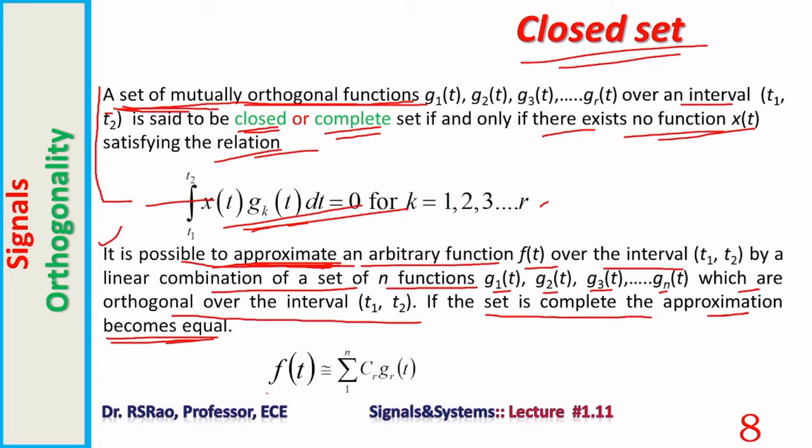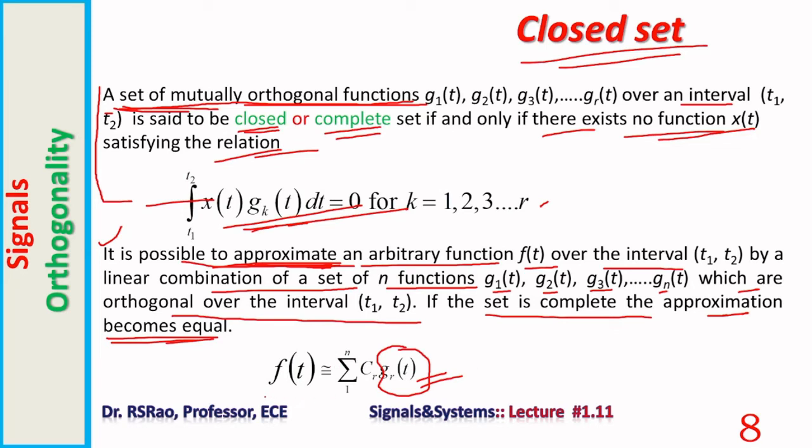So, the mathematical implication is f of t can be expressed as sigma 1 to n cr gr of t. Gr of t is the set. It may be a closed or complete set or an incomplete set. If it is complete, the equality sign holds good. If it is not complete, then it is approximately equal.